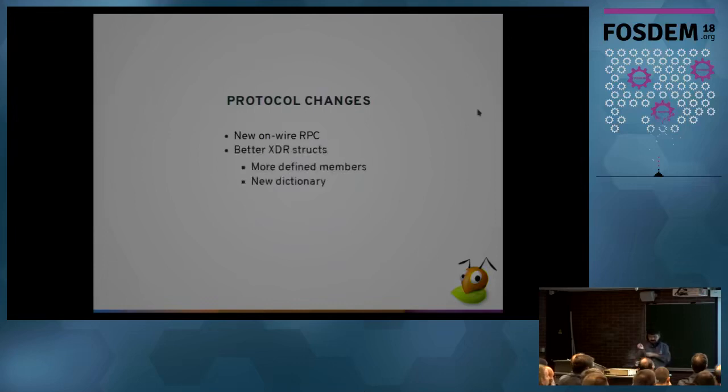What this means is that we have improved upon our on-wire RPC structures. Gluster uses Sun RPC on-wire with XDR data encoding. With the protocol changes, we have improved upon the request and response structures we use, adding more explicit members to the structs.